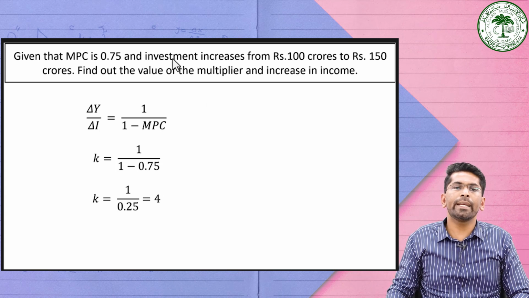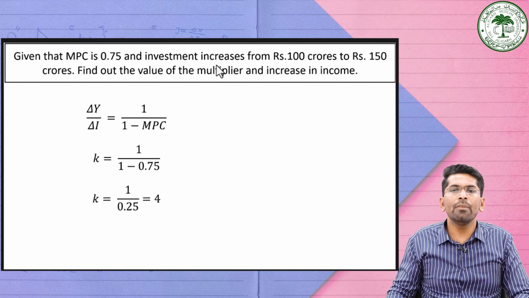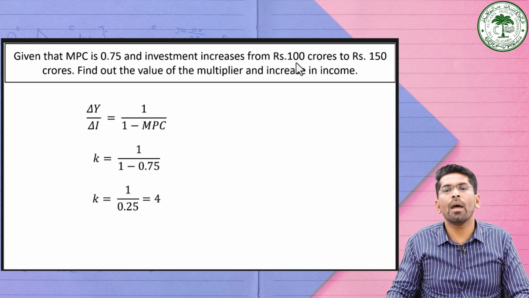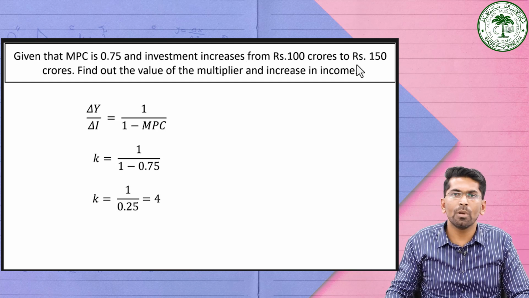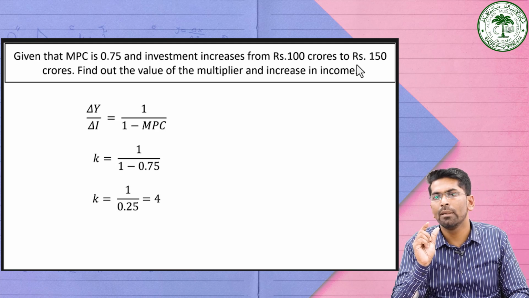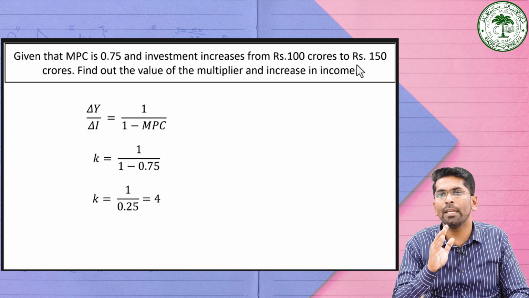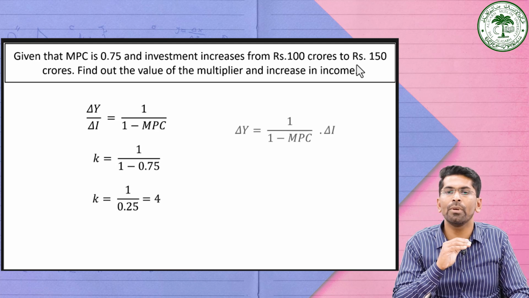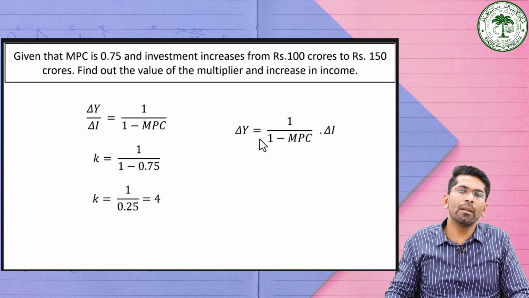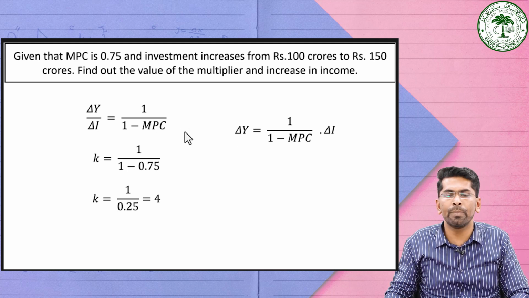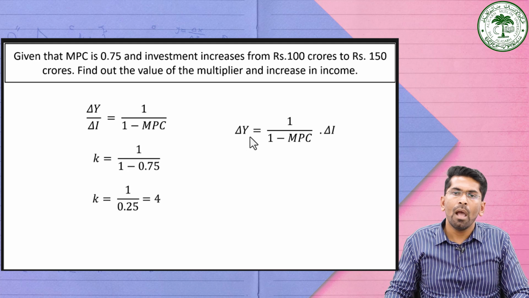Now see the second part of the question. Investment increases from 100 crore to 150. So how much increase has happened here? 150 minus 100, so the change in investment is only 50. We are using this equation by taking delta I to the right hand side, so that we can capture how much change in income is happening.